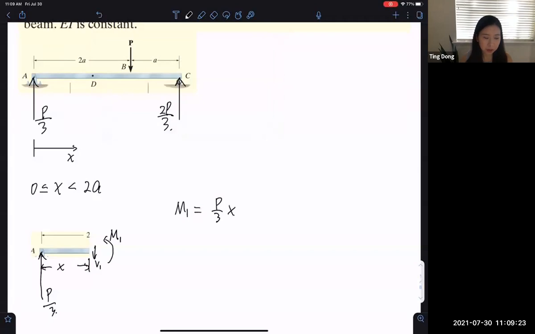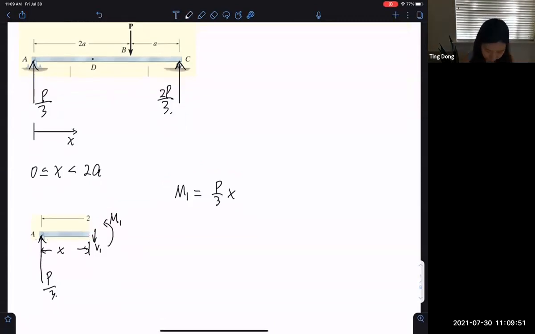Because P/3 times x generates a clockwise rotation, and M1 generates a counterclockwise rotation about the point that we cut through, about this cutting point. So M1(x) is equal to P/3 times x.